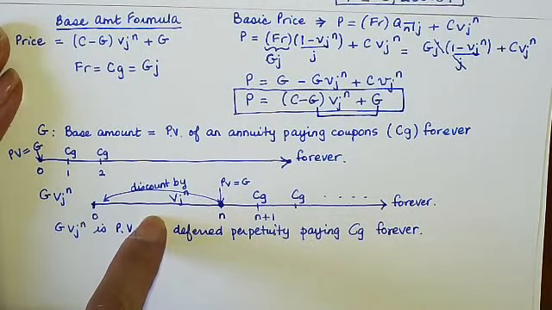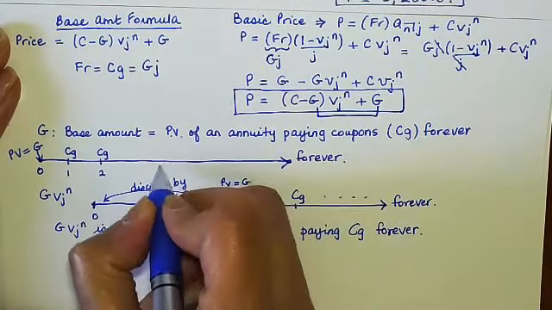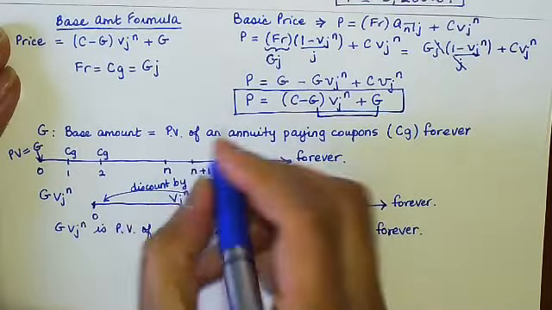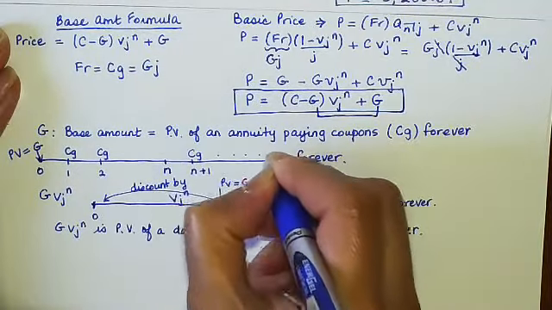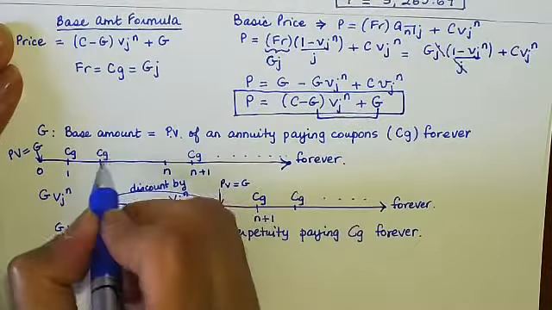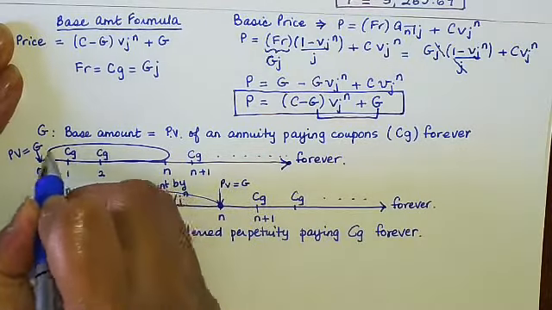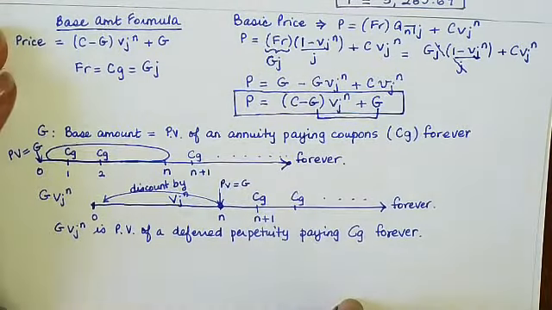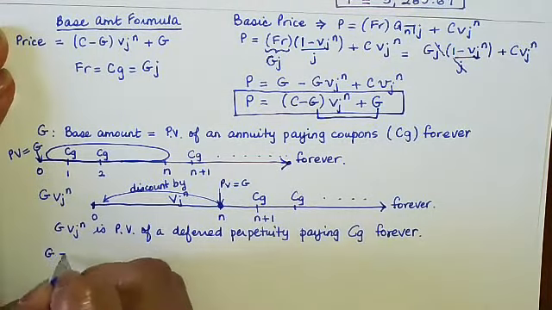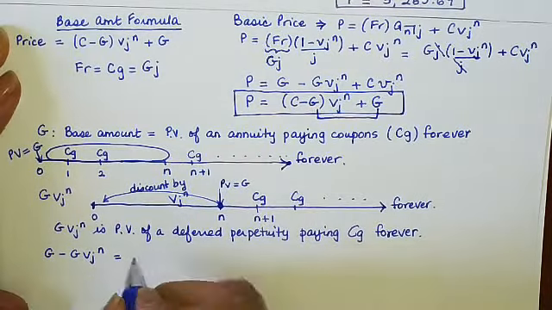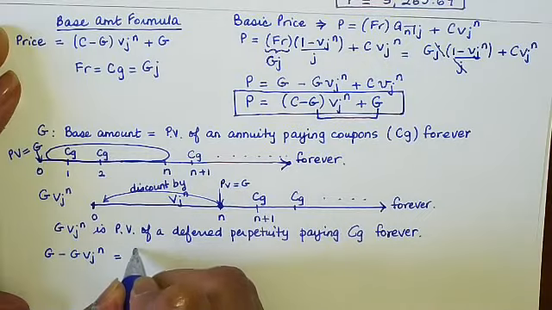This minus this is simply equal to the first n payments, because all these payments from n plus 1 onward have canceled. So I am left with these n payments of CG.